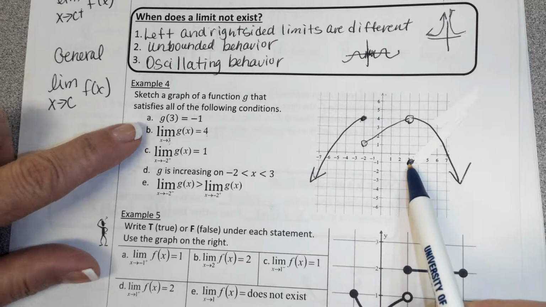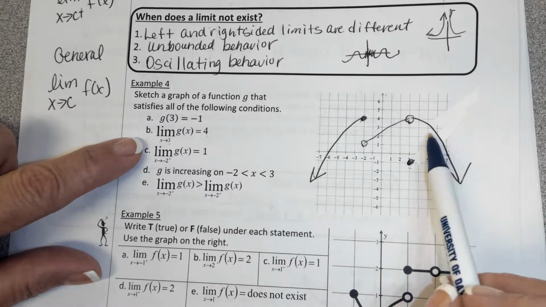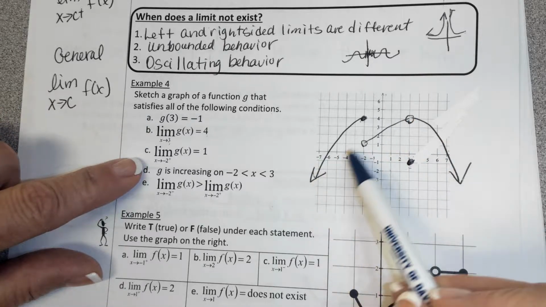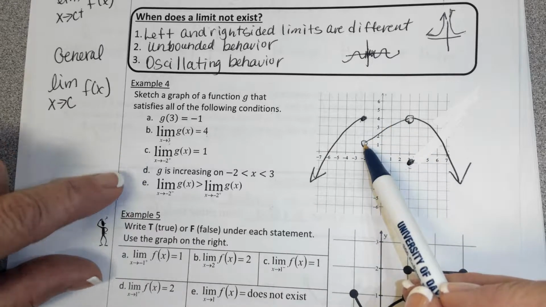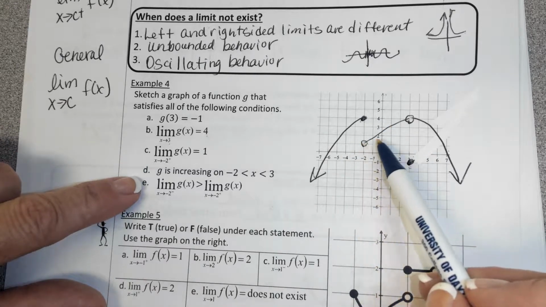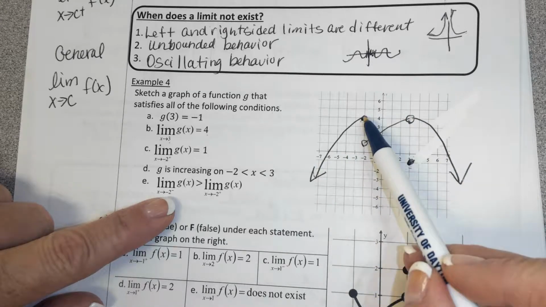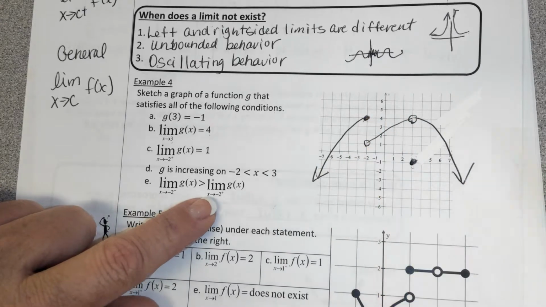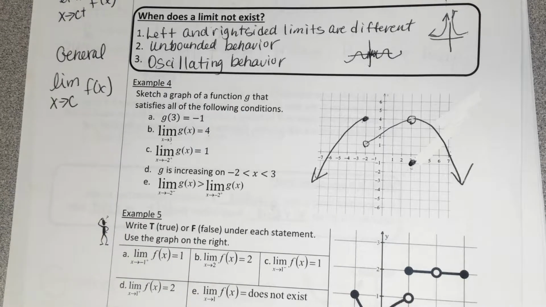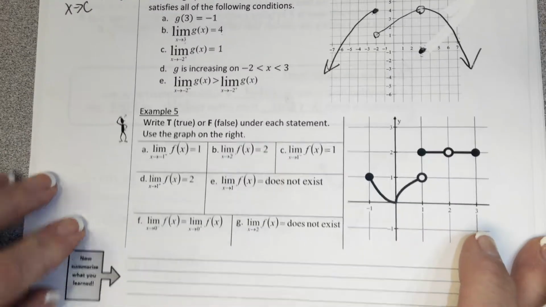G of 3 is negative 1. The limit as we approach 3 is 4. That's good. The limit as we approach negative 2 from the right has to be 1. G has to be increasing from negative 2 to 3. The limit as we approach negative 2 from the left has to be greater than from the right. Okay, now it works. So sometimes you're going to graph these guys and you're going to have to go back and make some changes.